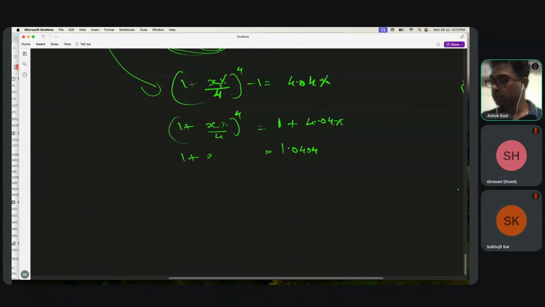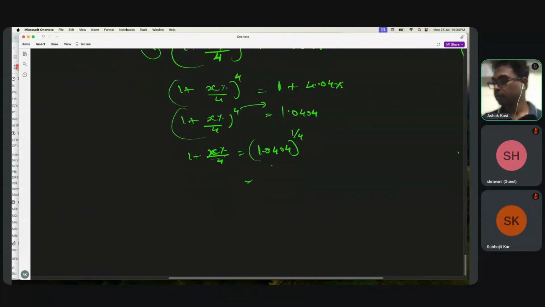Then 1 plus x percentage divided by 4 is equal to 1.0404 raised to 1 by 4. When I shift it there, it becomes 1 by 4. Now can you solve this? 1 by 4 means 0.25. So 1.0404 raised to 0.25.